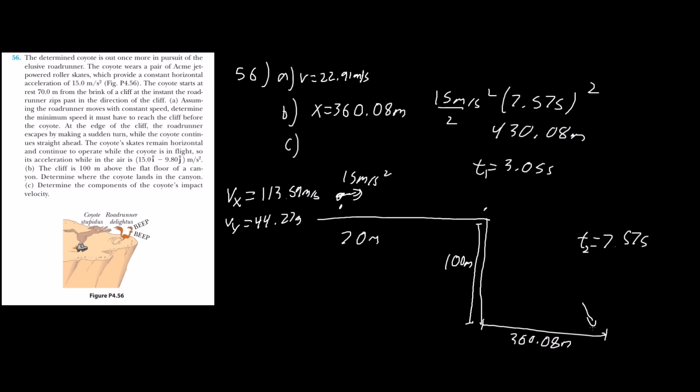It says impact velocity. I think I'm just going to write it in terms of the components. So the velocity here is really just going to be 113.59 meters per second and 44.27 meters per second. All right, we're done. All right, guys.